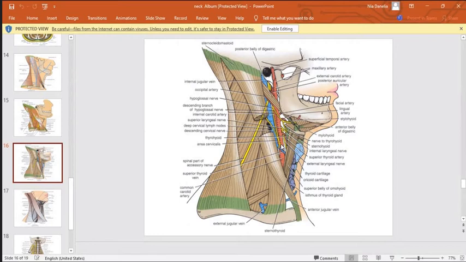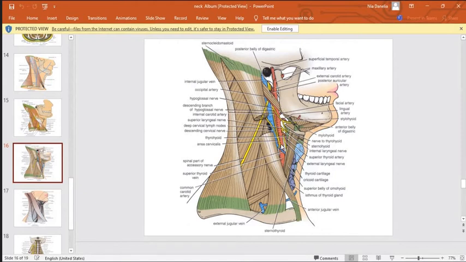The doctor knows that the external carotid artery is located medially and the internal laterally, but sometimes these arteries lie so closely to each other that it is difficult to tell which one is external and which is internal. And the fact that the external gives off branches here and the internal does not helps the doctor differentiate between these arteries.